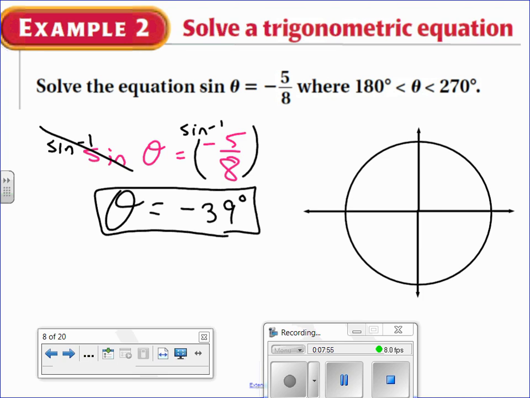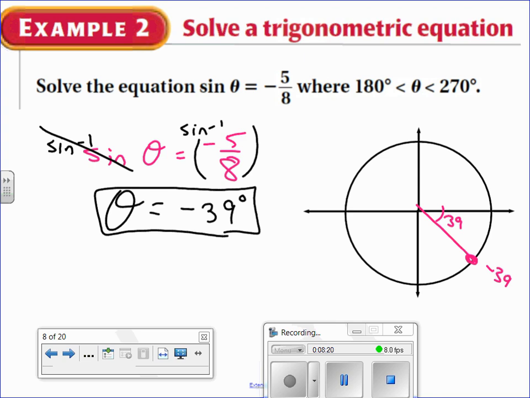That's not our final answer. Okay. What I'm going to do is sketch that negative 39 degrees on my circle to get a mental image on where he lives at. So we all agree he lives probably about here, negative 39 degrees. So that reference angle is 39 degrees. We're going to be using reference angles today. So hopefully you remember how those work.